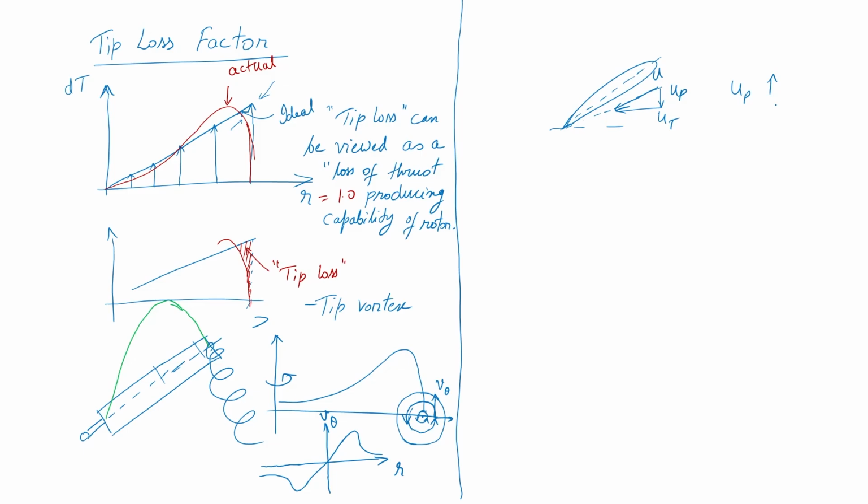So it will increase up, and therefore my angle phi would also increase. My alpha was theta minus phi. So if my phi increases, my alpha decreases. So the tip vortex tries to reduce the thrust or the lift at the blade tip.